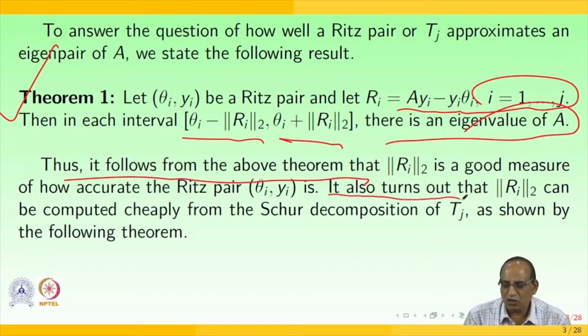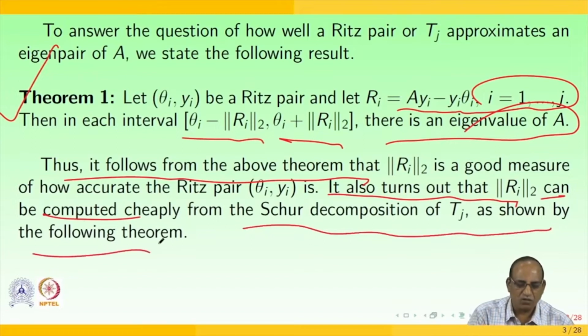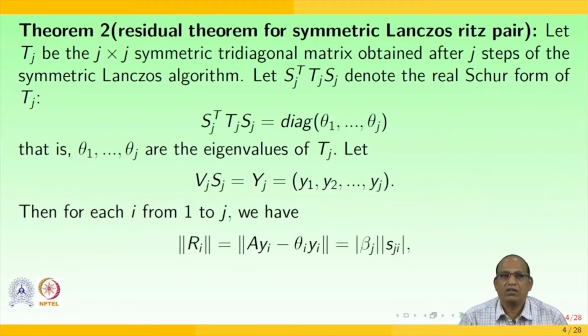It also turns out that norm of Ri 2 can be computed cheaply from the Schur decomposition of Tj, as shown in the following theorem. Now look at this theorem for symmetric Lanczos Ritz pair. Let Tj be the j by j symmetric tridiagonal matrix obtained after j steps of the symmetric Lanczos algorithm.